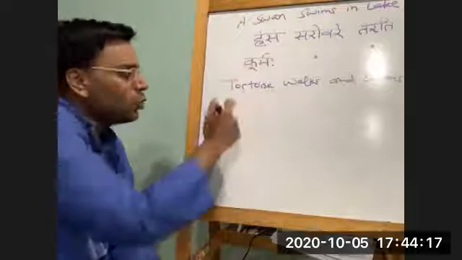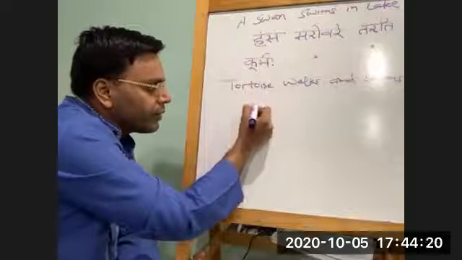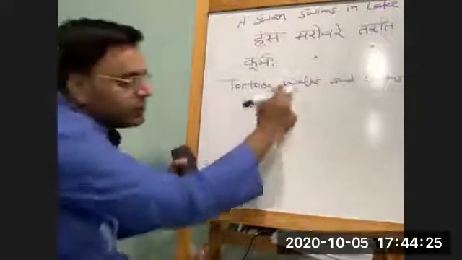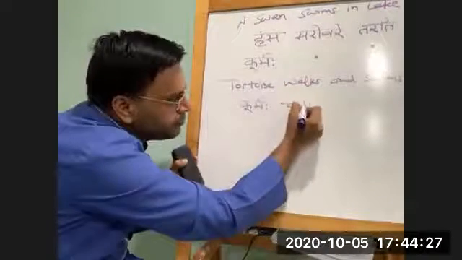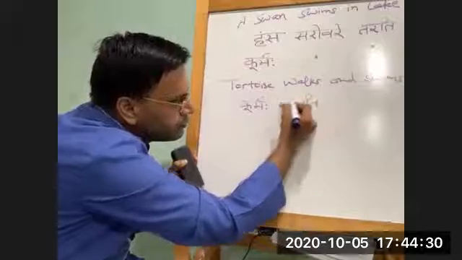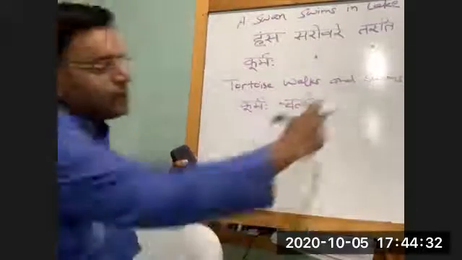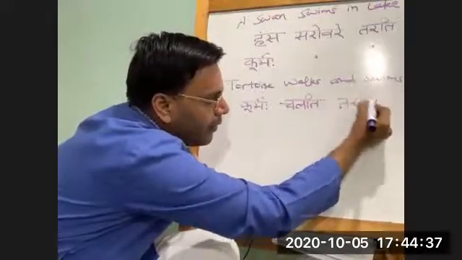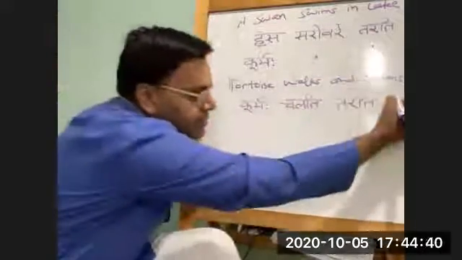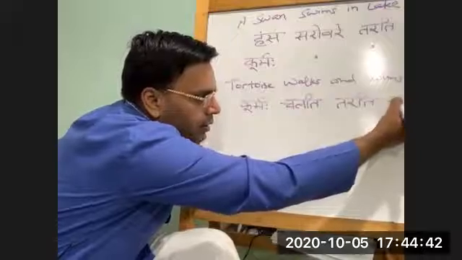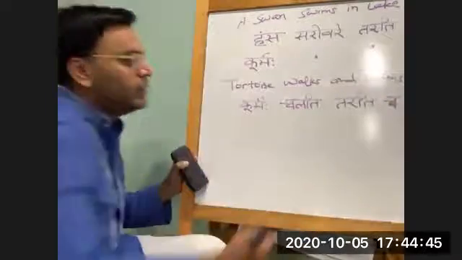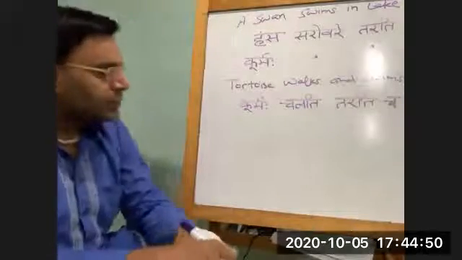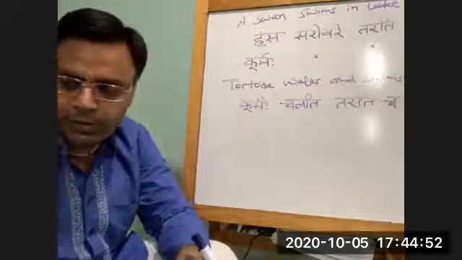So tortoise is kurmaha. Walks means chalati. And swims means tarati. And is cha. So kurmaha chalati tarati cha means the tortoise walks and swims.